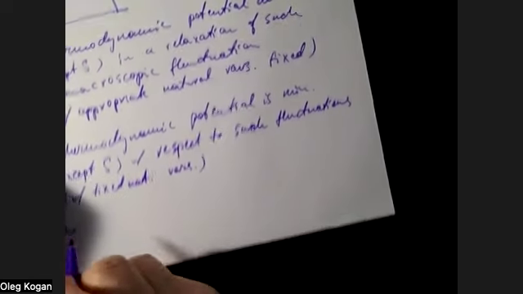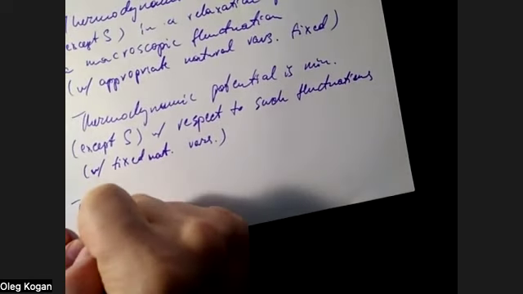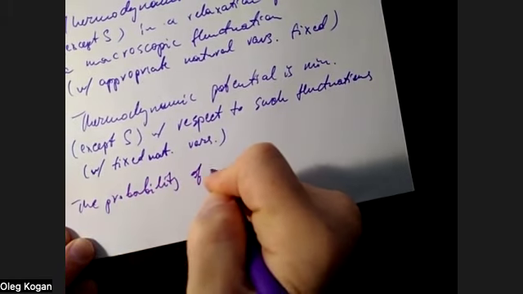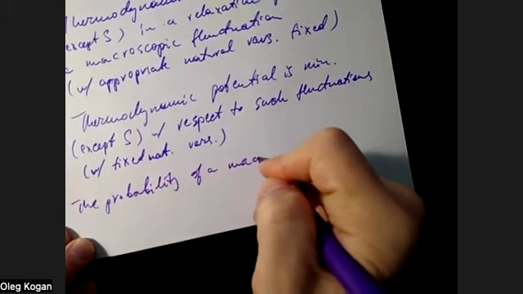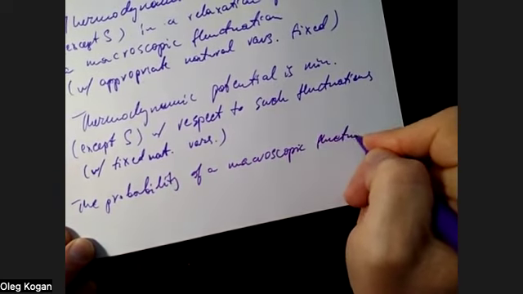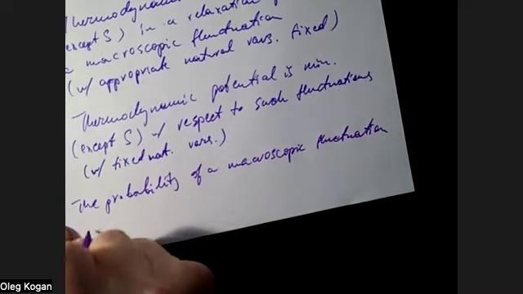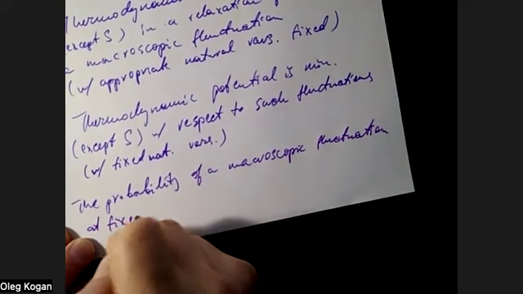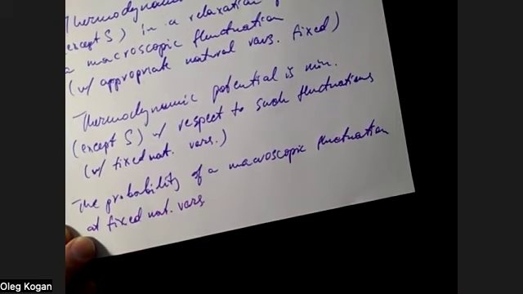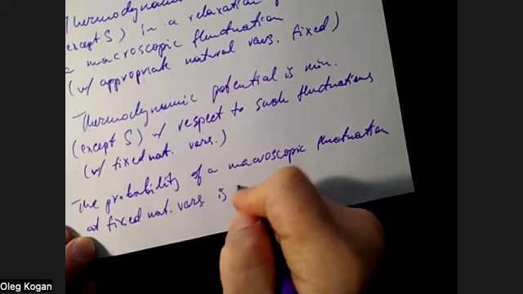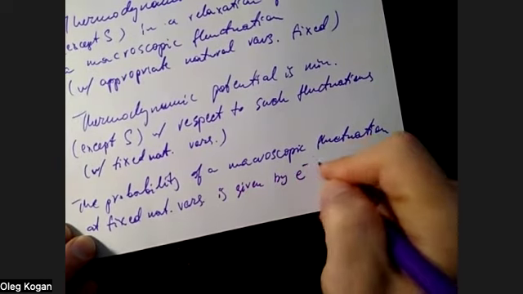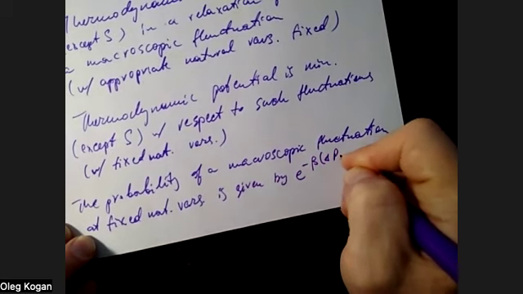So the probability of a macroscopic fluctuation at fixed natural variables is given by e to the minus beta times delta potential.